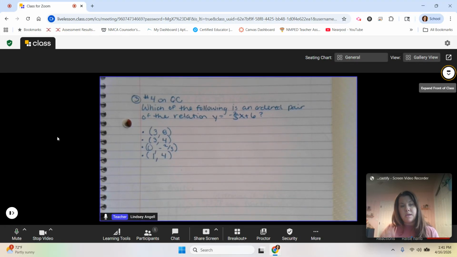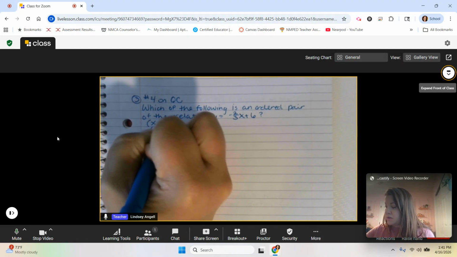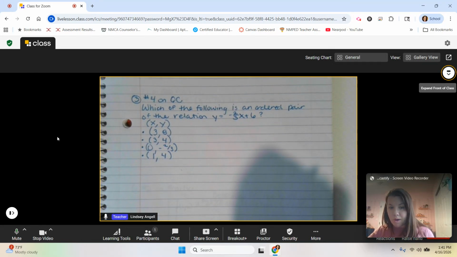Number 3 is number 4 on your quick check. Which of the following is an ordered pair of the relation y equals negative 2/3 x plus 6? If they give a relation, then they will have an ordered pair, okay? Out of these, we just need to figure out which one actually works. With ordered pairs, remember the first value is your x value, the second value is your y value.